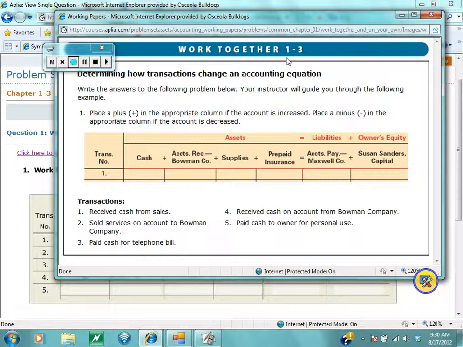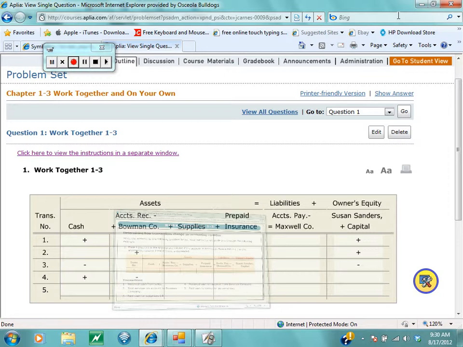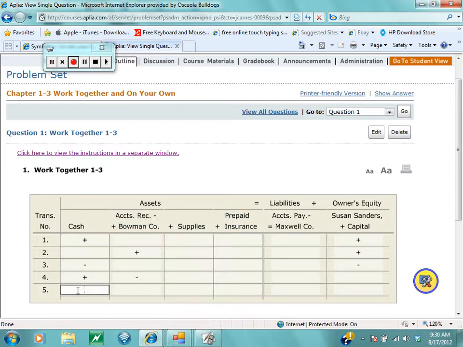And if it's a sole proprietorship, they cannot mix their personal with their business, but they can withdraw some of the owner's equity or the capital that they have in the business. And that's what they're doing right now. So we're going to pay cash to owner for personal use. So cash went down, and the amount of equity he has in the company went down.